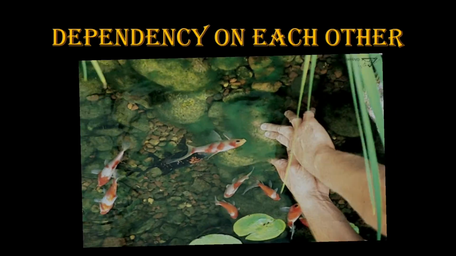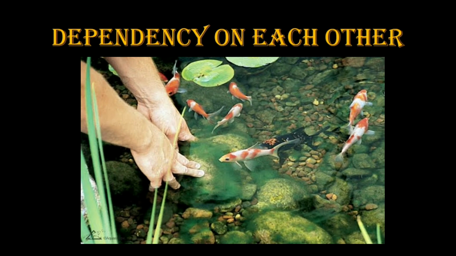How the biotic and abiotic factors are interacting with each other, or how you can say they are dependent on each other. For example, in this image you see these fishes are present which are totally dependent on water. Why? Because the fish requires oxygen and it gets the oxygen from the water. So now how this water is dependent on living objects? You know, in the water so many rocks are there and these rocks are covered with algae.